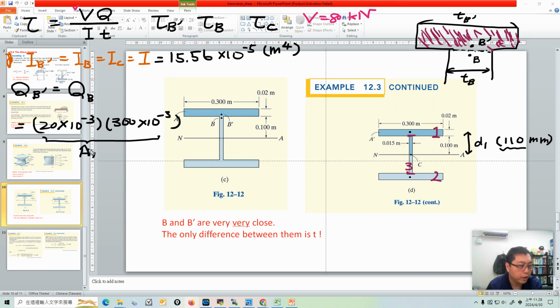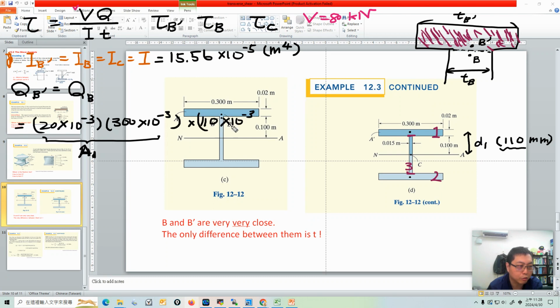And what's the distance between the centroid of area 1 and the neutral axis? We just calculated before, 110 millimeter, right? Let me check. Do I calculate right? Yeah, 100 millimeter.